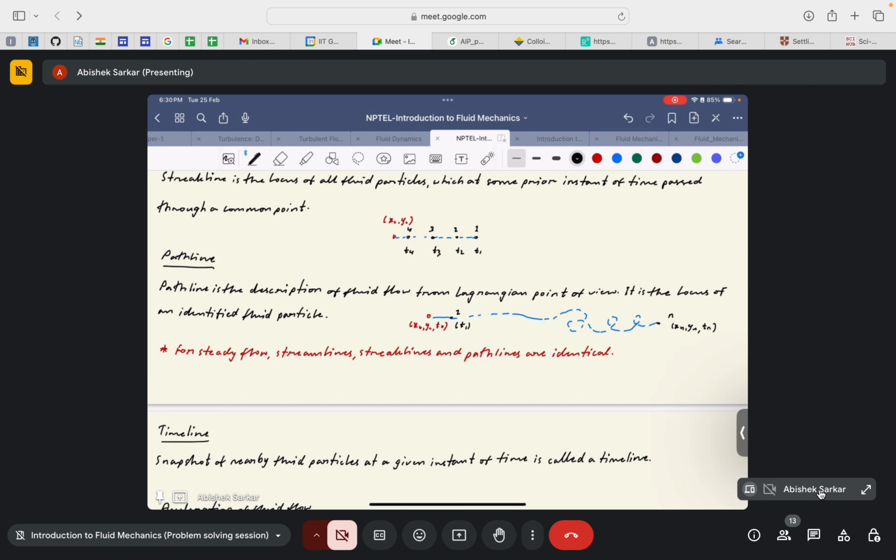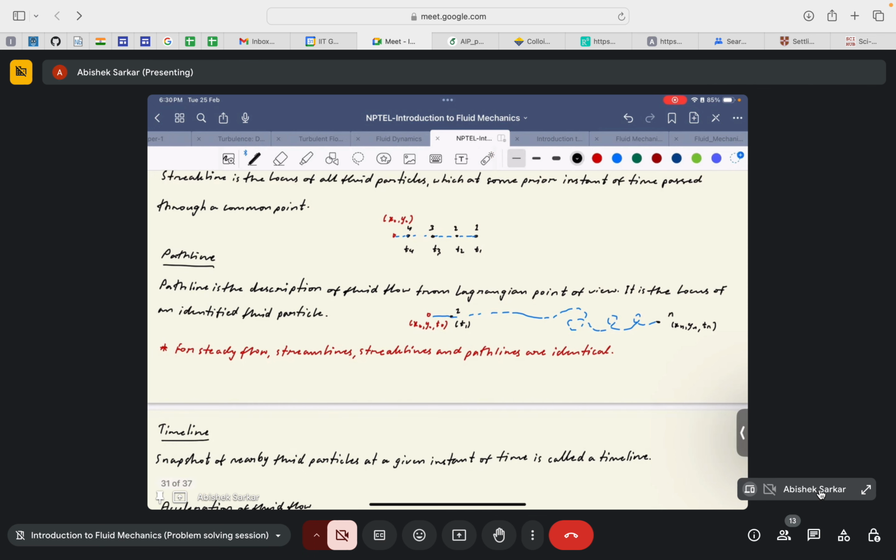Let me give you one more understanding. A governing equation for the path line is dx by dt is equal to v, where x and v are vectors.